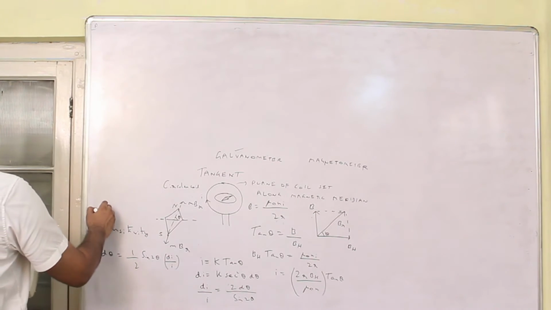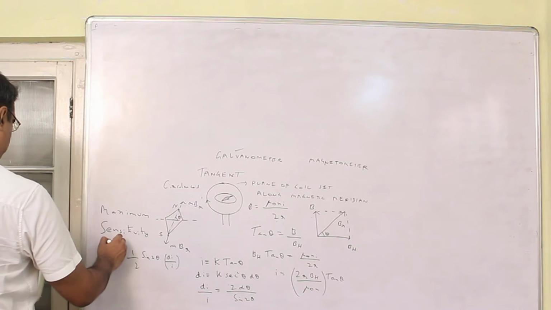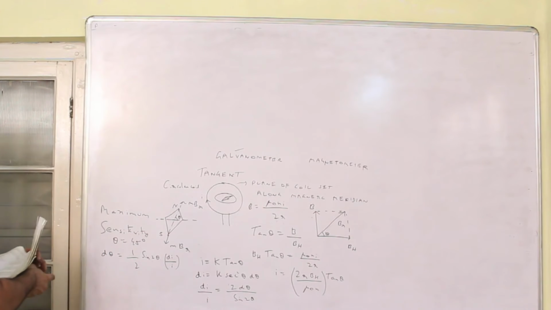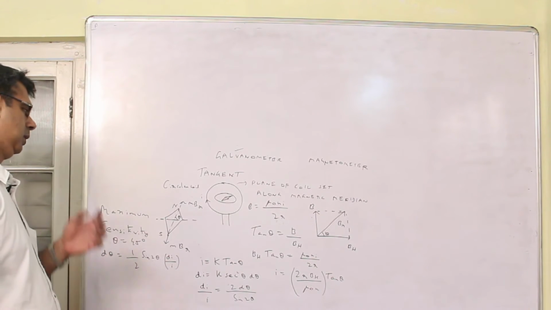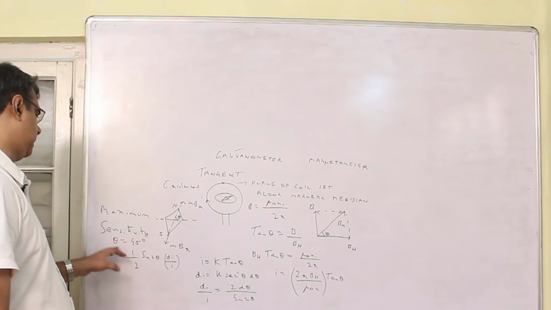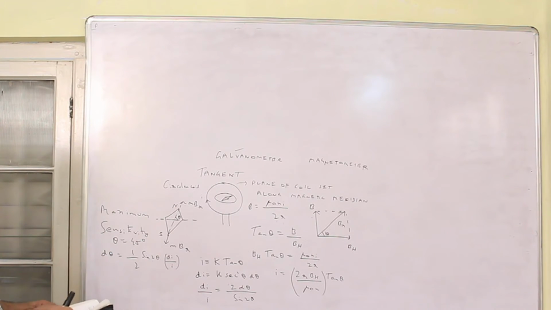So the maximum sensitivity will happen when theta is 45 degree. For an efficient galvanometer, we want the sensitivity to be high, and in this formula you can see it will be highest when theta is 45 degree.